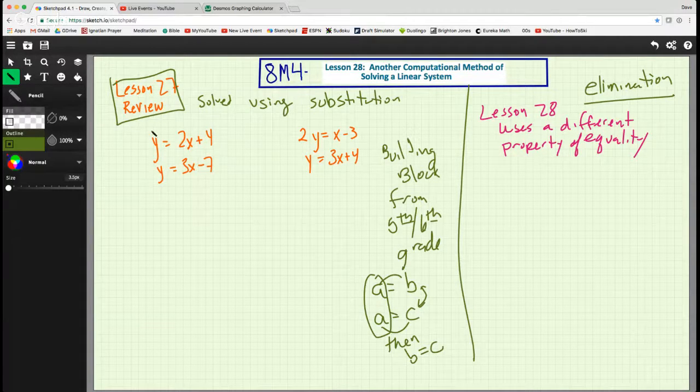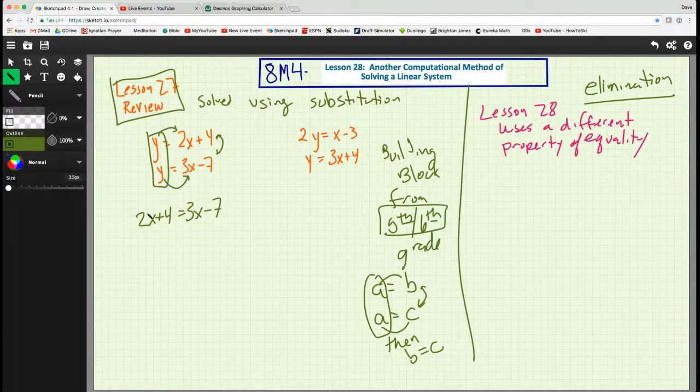So what we did is we used this building block from 2 years ago, and we said that we can use that to solve very complicated equations. Look at this. So we said if y is equal to 2x plus 4 and y is equal to 3x minus 7, then 2x plus 4 equals 3x minus 7.